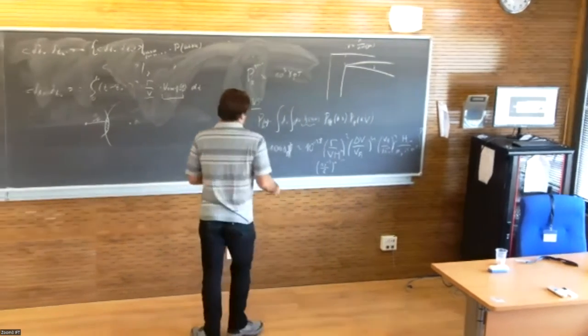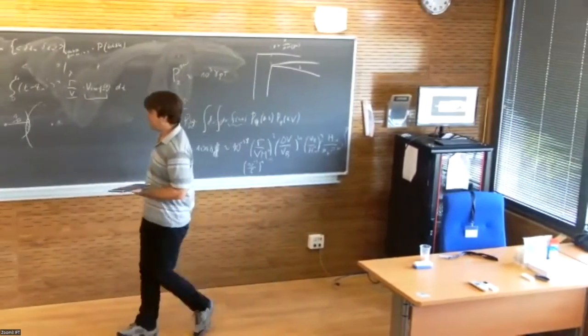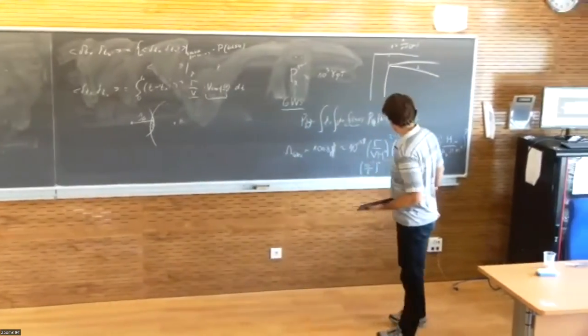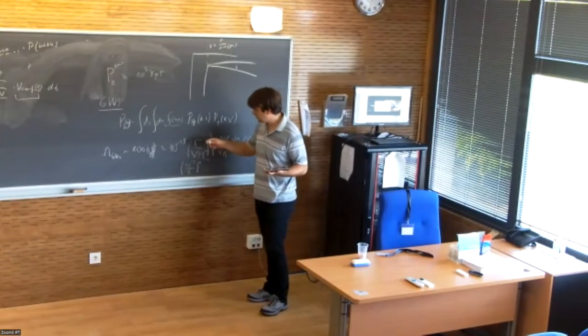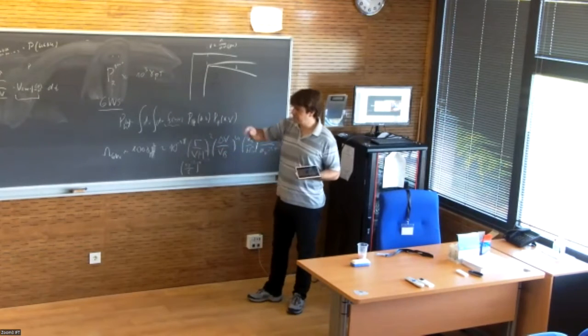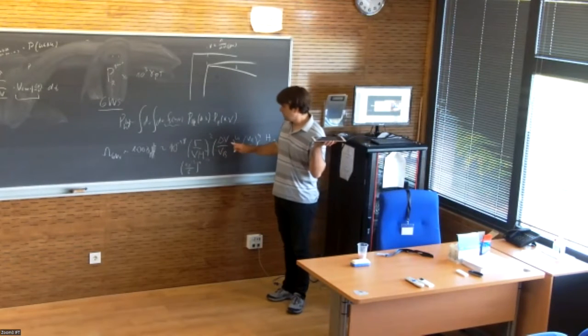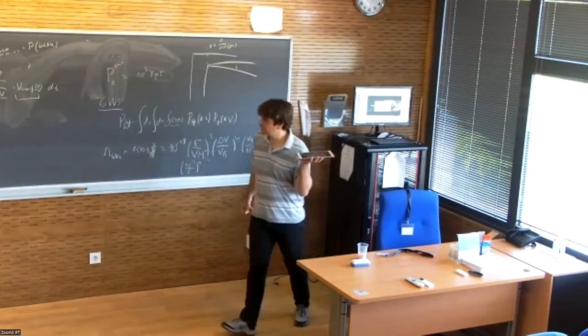Okay, so let me briefly go into what we get. The way I put it here is very indicative. The omega gravitational wave is a function of gamma over v h to the 4th squared. That's the rate of the phase transition, and then we can compare the delta v to v of the barrier.